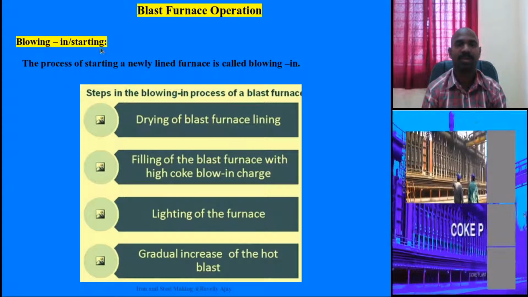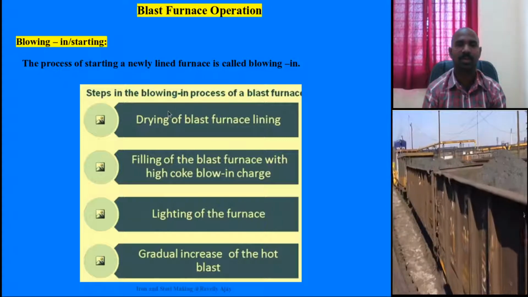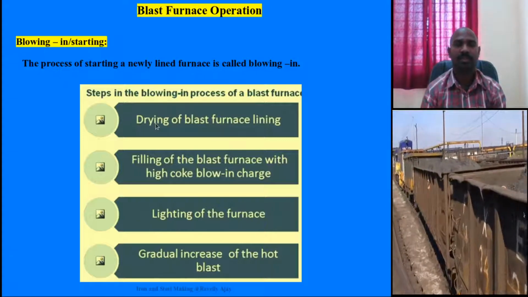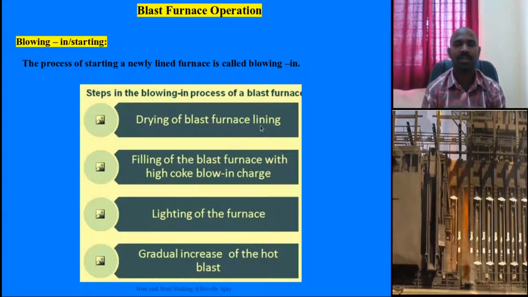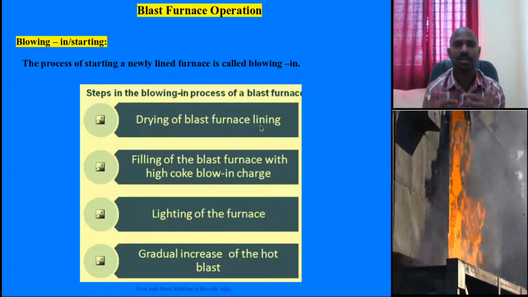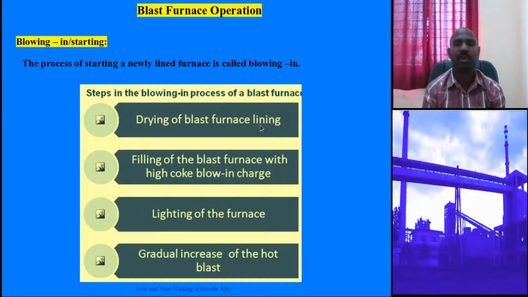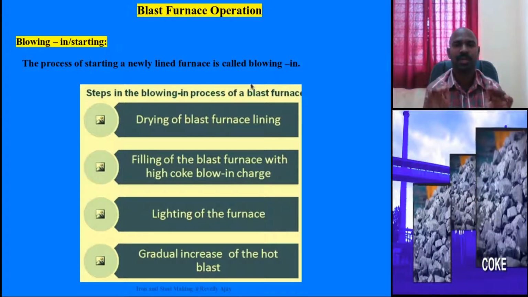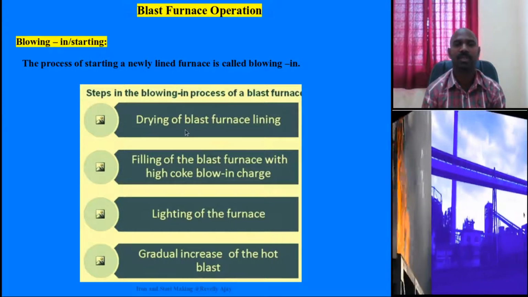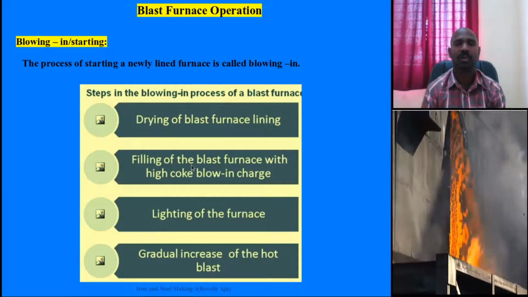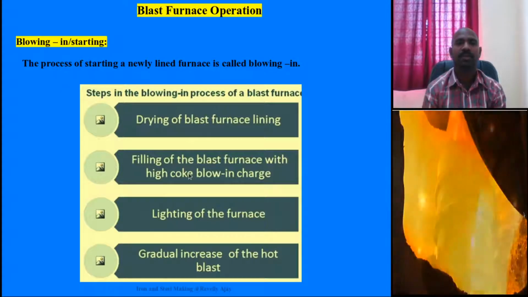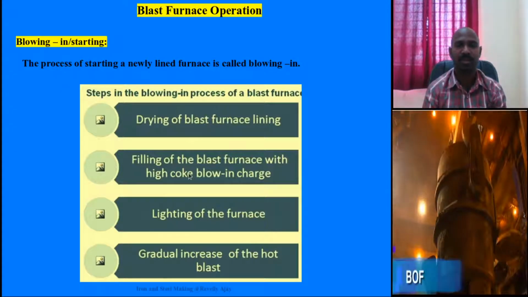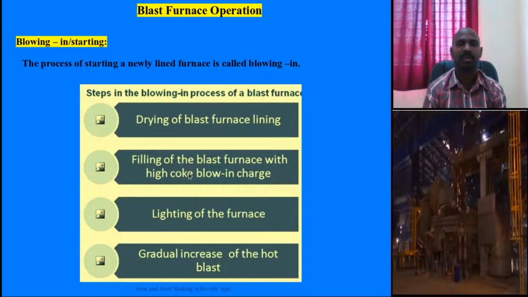And the steps within this blow in are: first you need to dry off the blast furnace refractory lining given with fire clay powder inside the blast furnace, and fill the blast furnace with coke, wood slip, kindling woods, wood strips and iron ore.